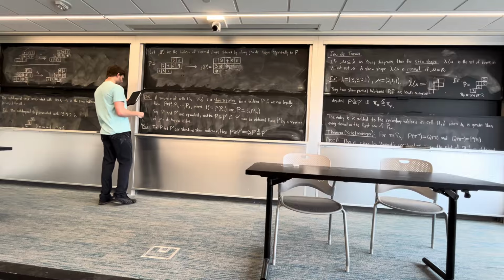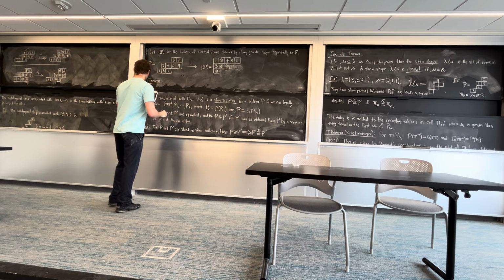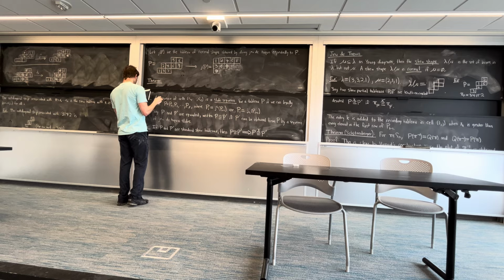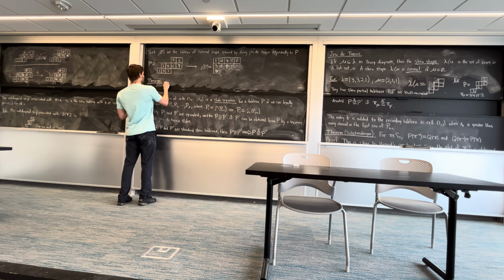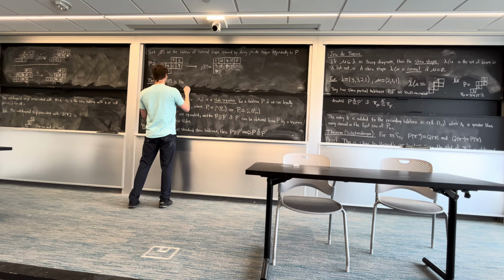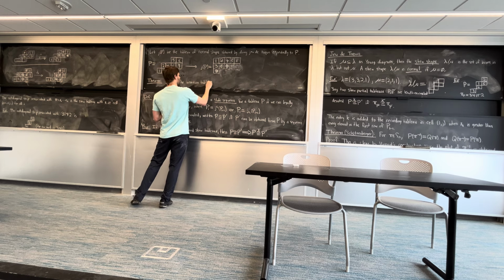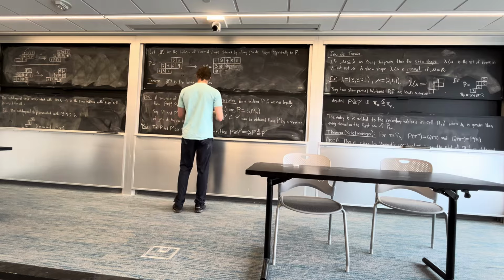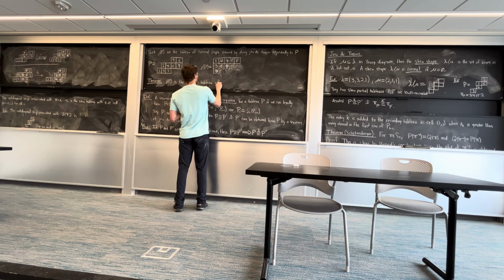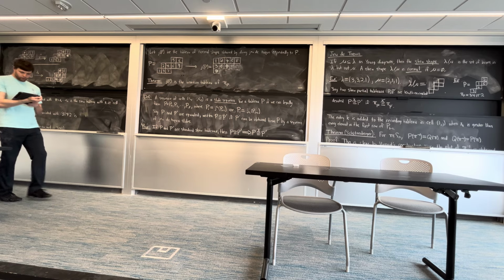So, how do I want to say this? So J of P is the insertion tableau of the row word of P. Okay, so why is this true?